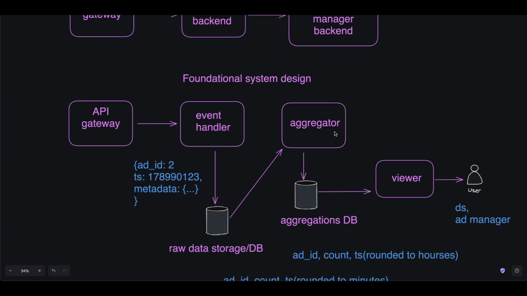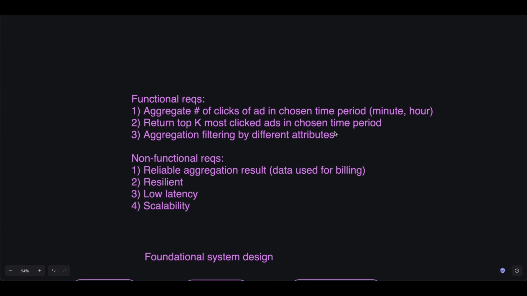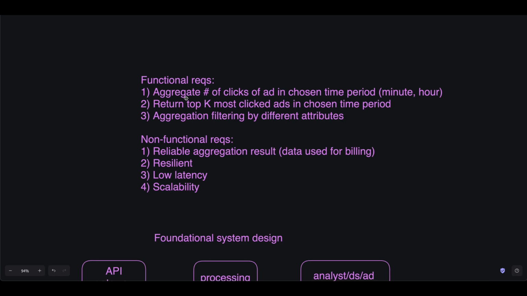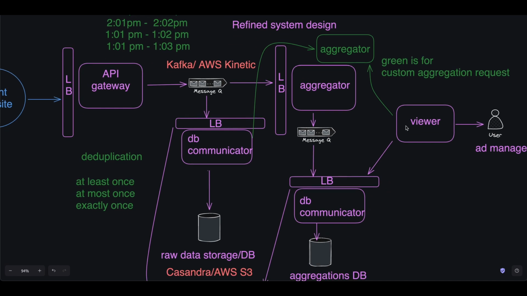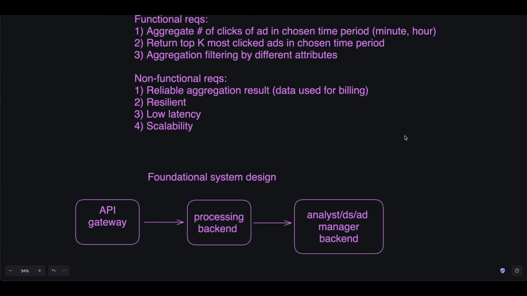So basically what we have achieved, let's check on our requirements. We can aggregate in a chosen period. We truly can return top K most clicked ads because we have our aggregation put in a database, so it is pretty trivial to run a select that will get you the top for our viewer. Also different attributes.